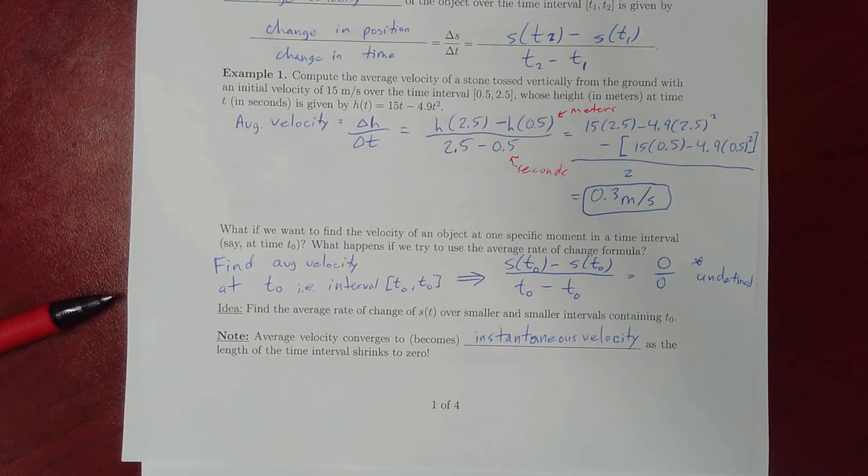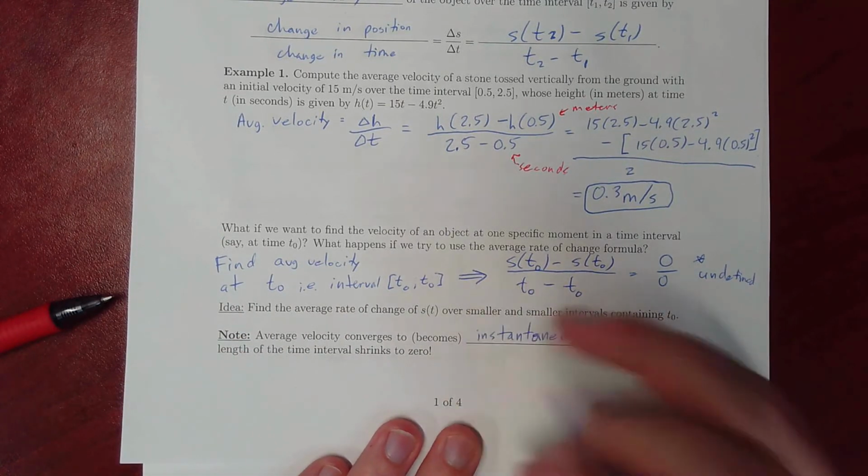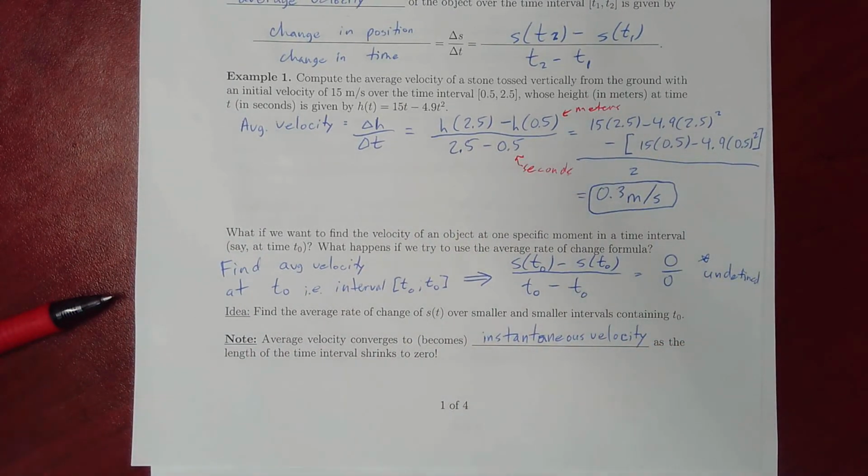So instead of going from, say, 1 second, we want to look at the interval from, say, 1 second to 1.00001 seconds. So we'll be trying to get a small interval around it.